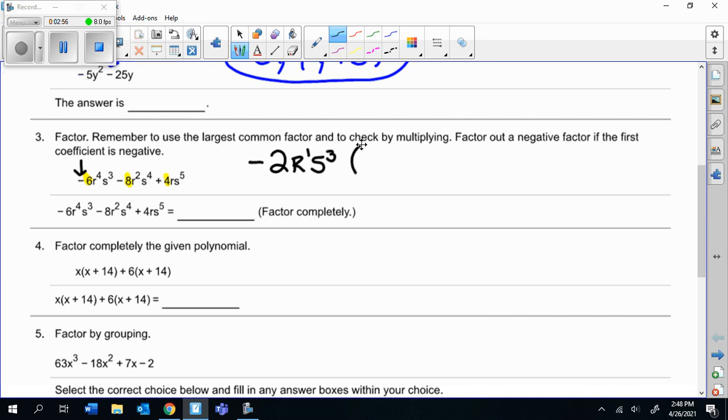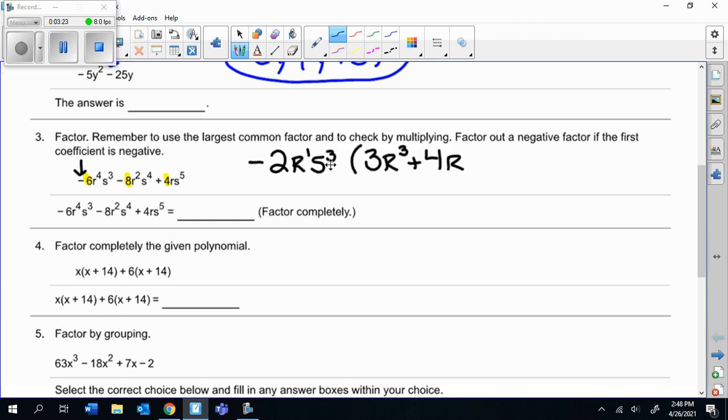All right, parentheses. Negative 2 divides into negative 6 3 times. Subtract your exponents. So we have r to the 3rd and then no s's because s to the 3rd is already out here. Plus negative 2 goes into 8 4 times. I have 2 take away 1 leaves 1 r.